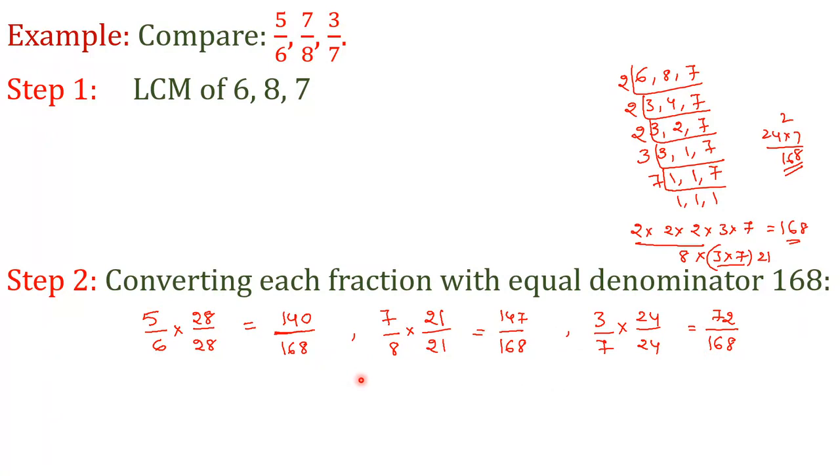Which are having the same denominator and different numerators. How to compare them? Since the denominators are equal, you can compare that in which the numerator is less, that is the lesser one. Okay.